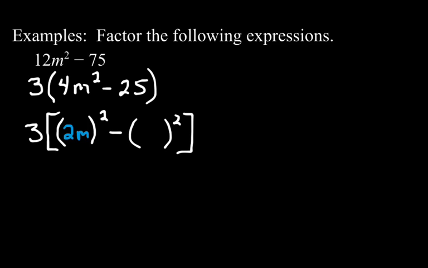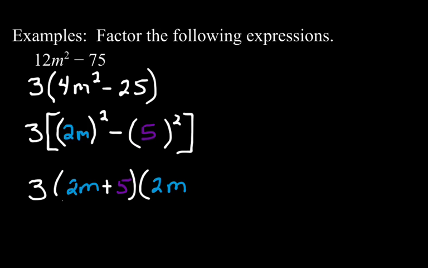And hopefully we're pretty quick to find out that that's 5 times 5. And once we have that, we've got the 3 in the front, but here's the pattern. We're going to have 2m plus the 5, and then we're going to have the 2m minus the 5.